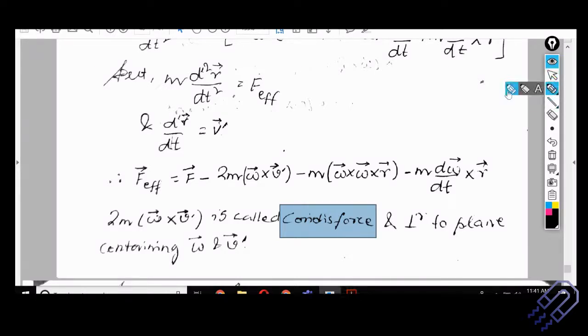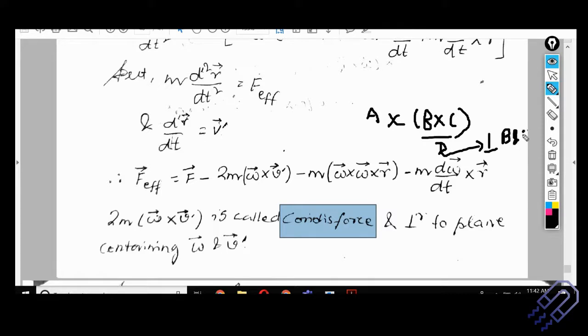I think I already explained this, but let me explain it again. If you have three vectors, A cross B cross C, where B cross C, these all are vectors, then whatever result you get will be another vector, let's say D. This vector is definitely going to be perpendicular to both B and C. So this vector D will be perpendicular to vector B always.